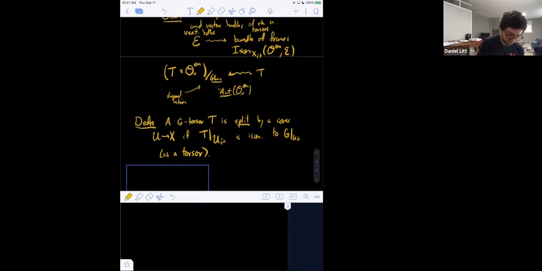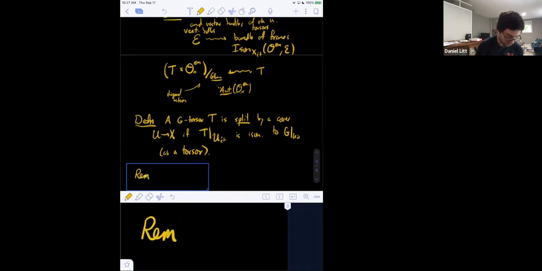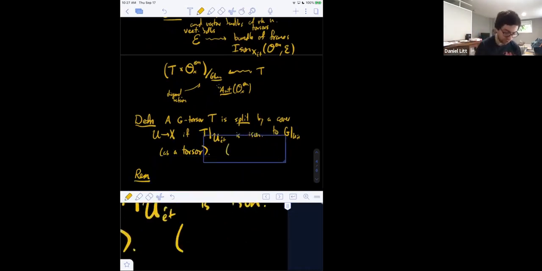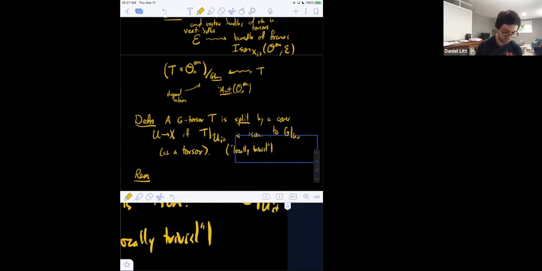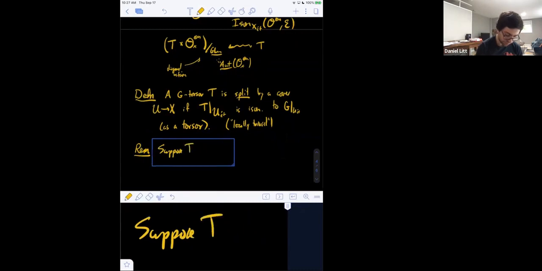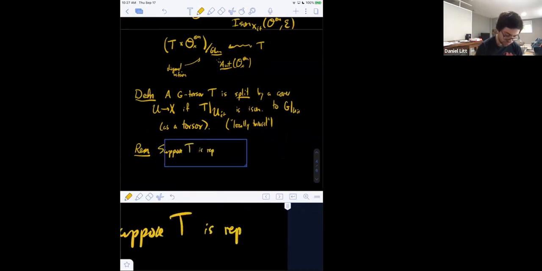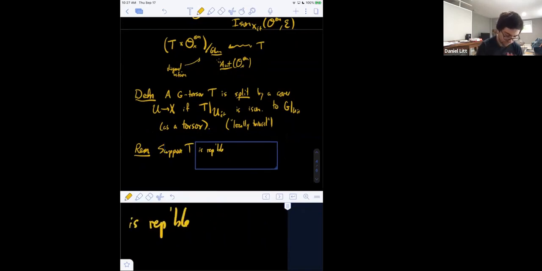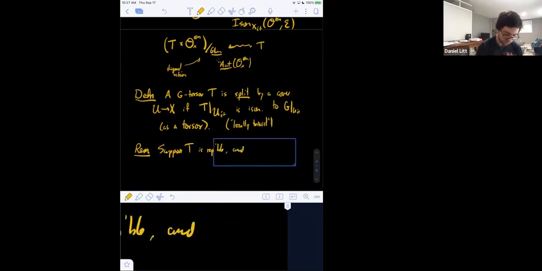Okay, so here's the remark. This calls back to this weird thing I remarked earlier. Ben says, is this locally trivial? Yes, if you're split by some cover, that means you're locally trivial. The remark, from before, is that suppose T is representable, and T to X is a cover.